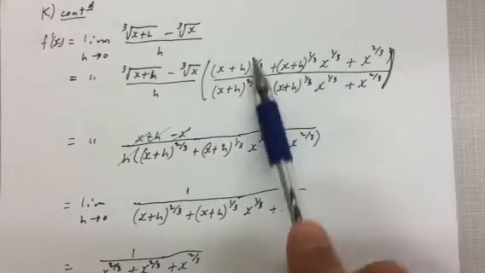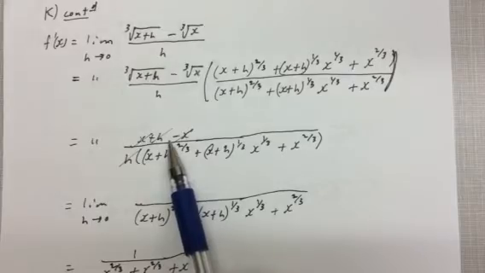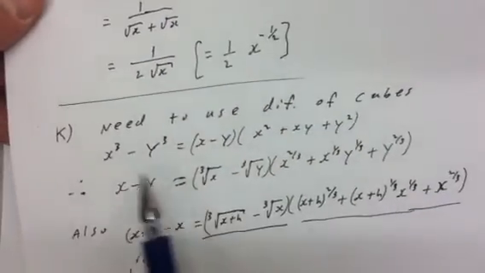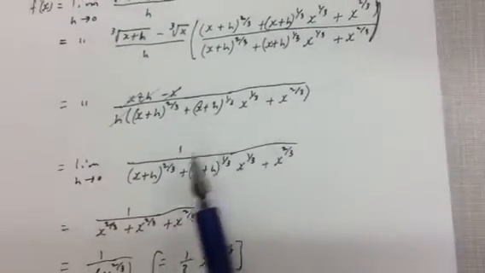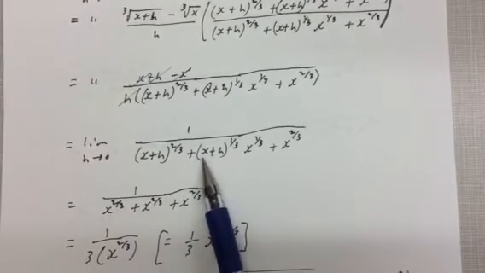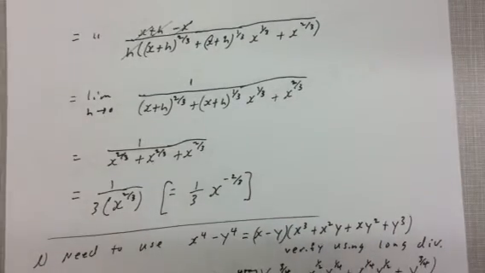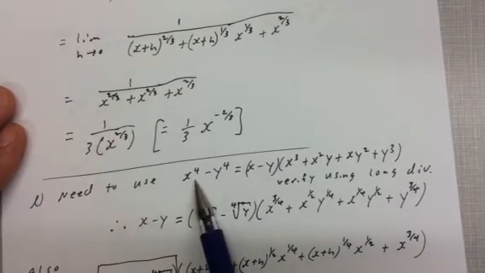So this multiplied by this gives us this nice thing on top because of our difference of cubes formula. And at this point we can cancel out the h's, and we take the limit of that and we get this nice expression here. Okay. Do the same thing for difference of fourths.